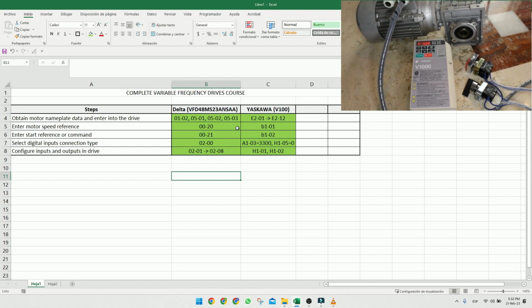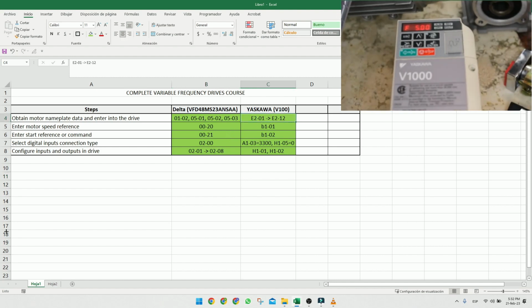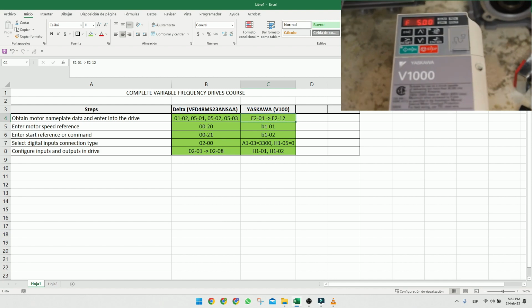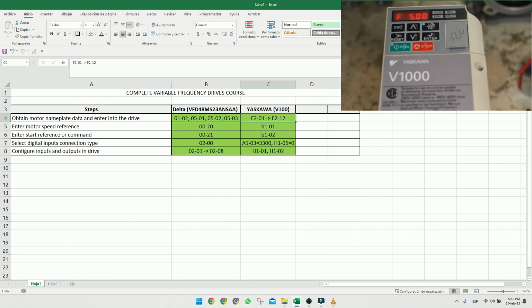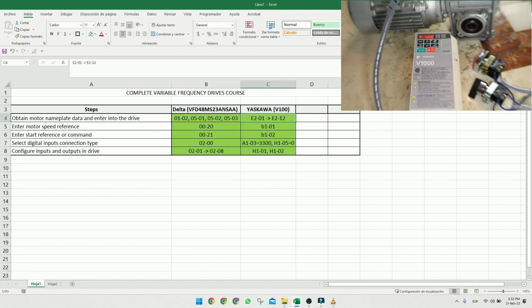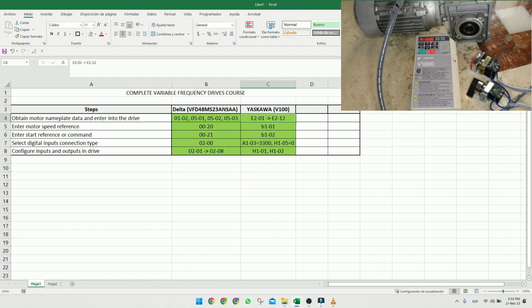I was able to enter my frequency, which in this case is 5 Hertz. Now remember that everything that has to do with frequency, when it's an F, means that the unit is Hertz. So 5 Hertz. Depending on your limit, this is the max velocity, 60 Hertz.